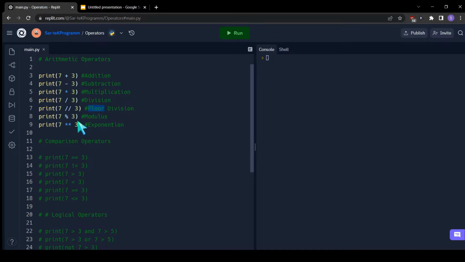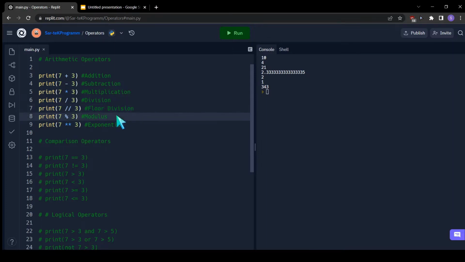Okay, and I will run this so you can see. Here it is 2.333. This is the exact answer, and this is an approximate answer which has ignored all of these threes. There will be cases when you will need to use floor division. This is an extremely useful operator.